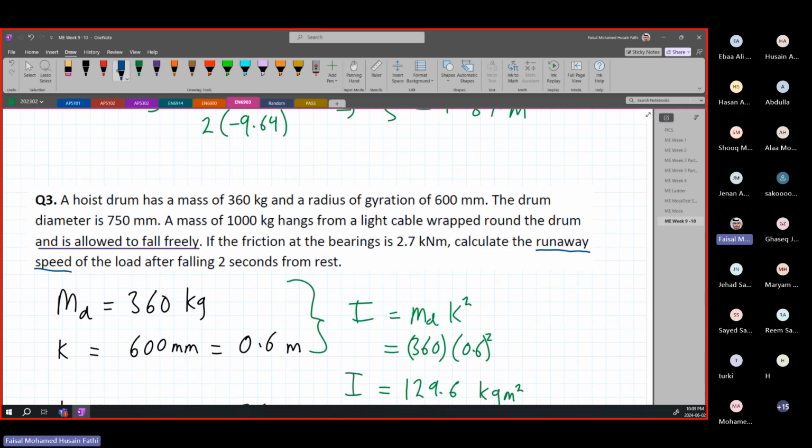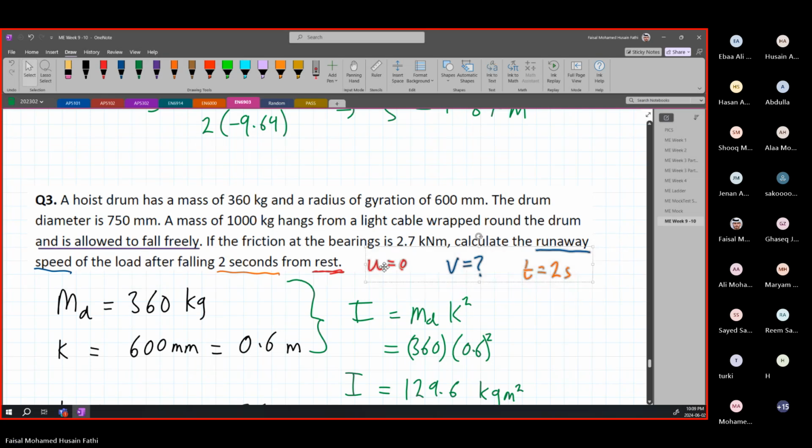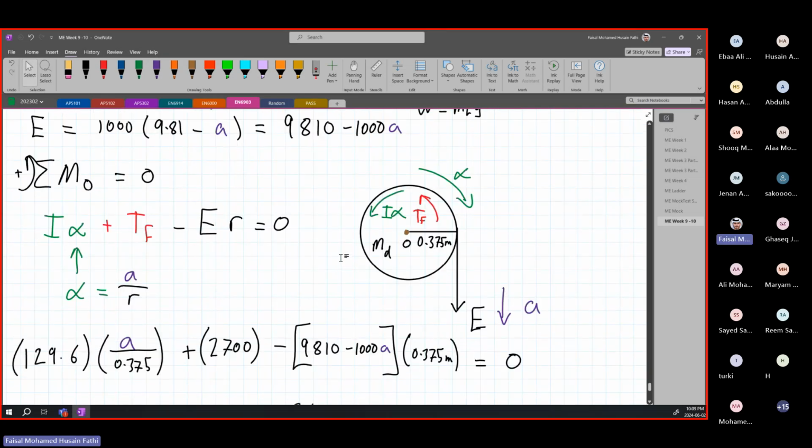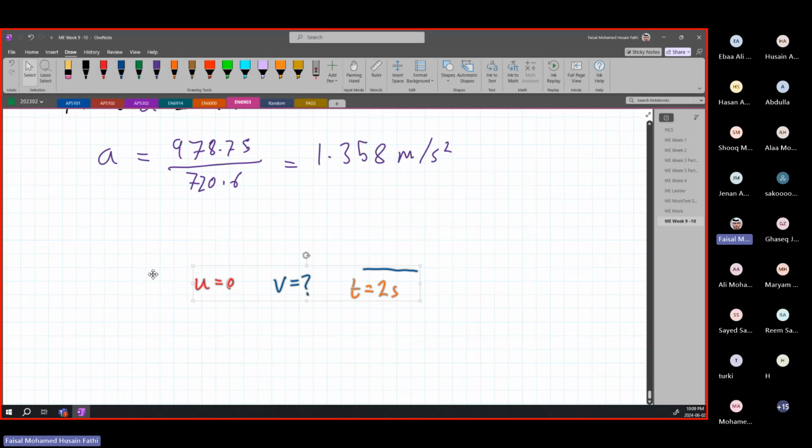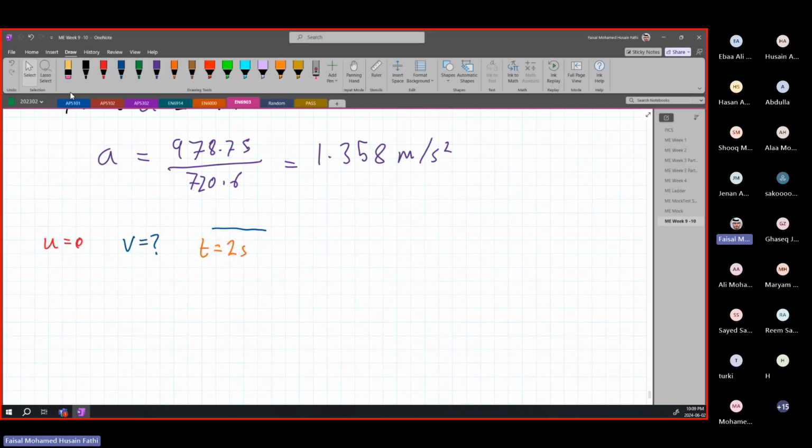This basically means the final speed of the load after falling for 2 seconds, which is the time, from rest, which is your initial velocity. All right? So in other words, this means our U is equal to 0. We're trying to find V. And our time is equal to 2 seconds. We're going to use what we have found, the acceleration, to find our V value.